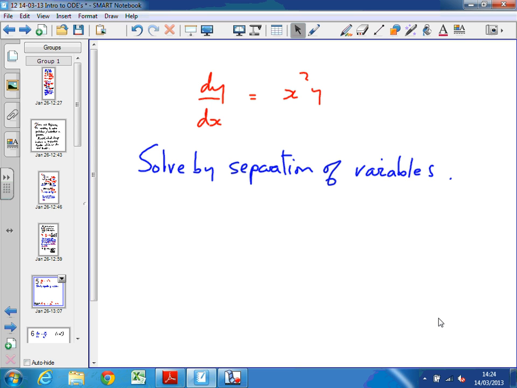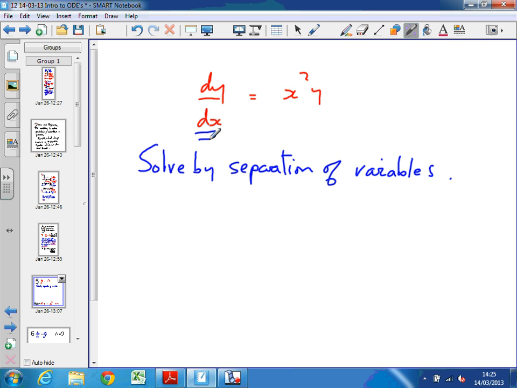So what we do literally is separate the variables. We do what it says on the tin. We get all the parts involving x on one side, so that's the x squared and the dx, and we get all the bits involving y on the other side. That's what we mean by separate the variables. So we effectively multiply both sides by this dx term, even though really the dx doesn't mean divide by dx.